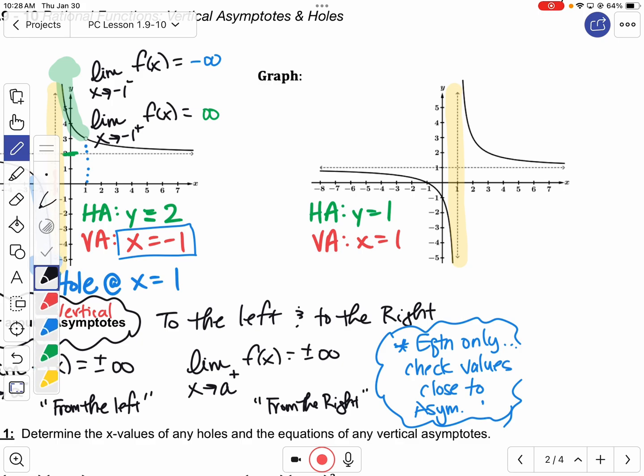All right. Where's my vertical asymptote? At 1. So we're going to do the limit as x approaches 1 from the left, and the limit as x approaches 1 from the right. So we'll use the minus and the plus.